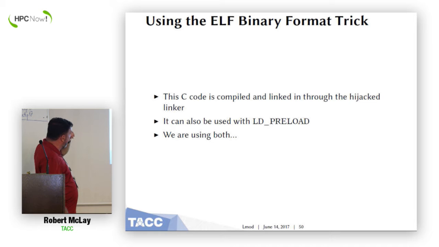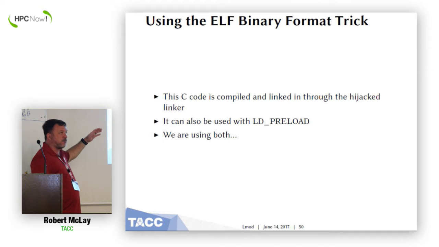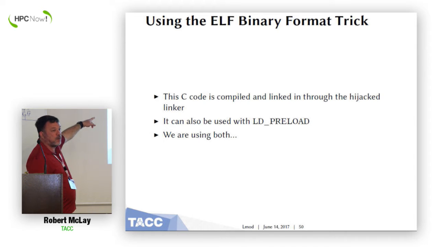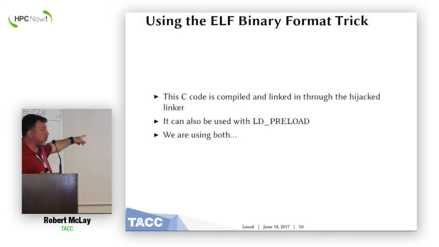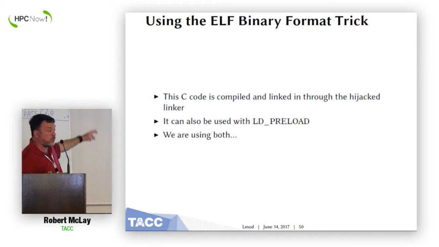This is C code, which is linked in through the hijack linker. You can also set LD_PRELOAD, or there's /etc/ld.so.preload if you want to make sure everybody runs it. We're using both because I worry about users who will set LD_PRELOAD and not add my stuff into it. And it's set up so that it won't count things twice if both are available.